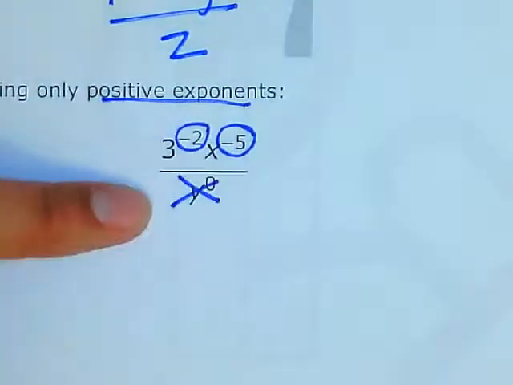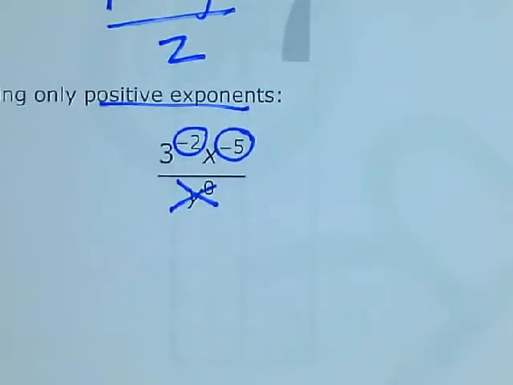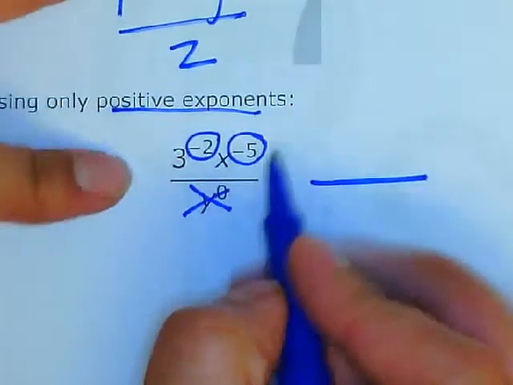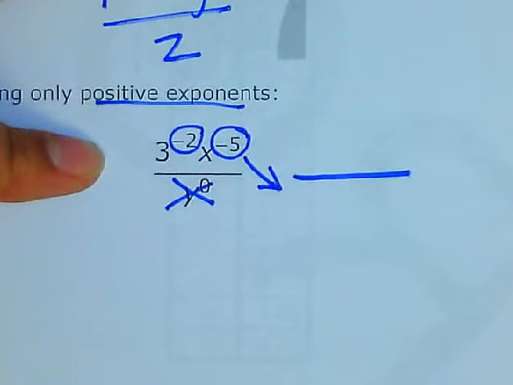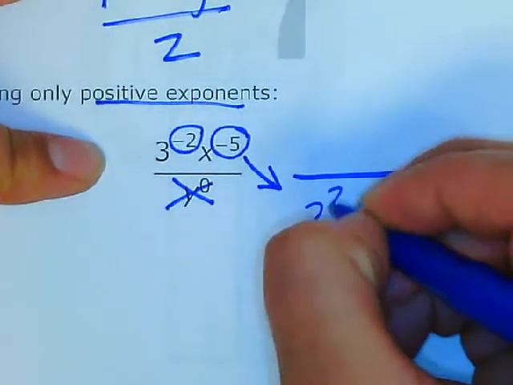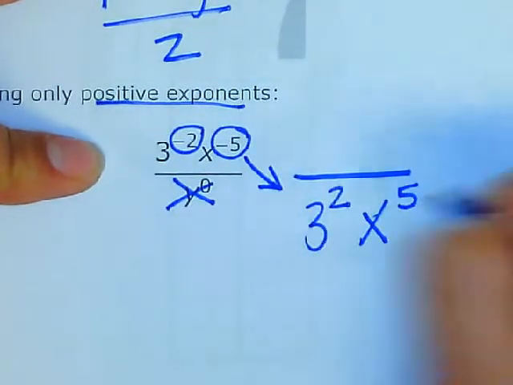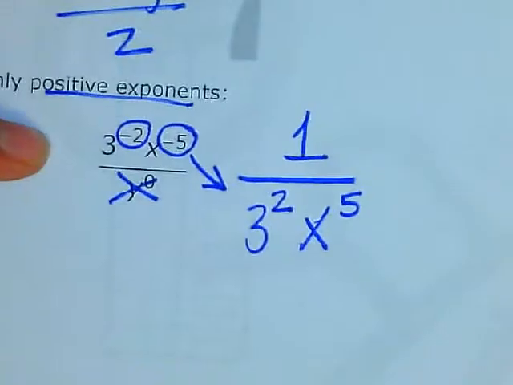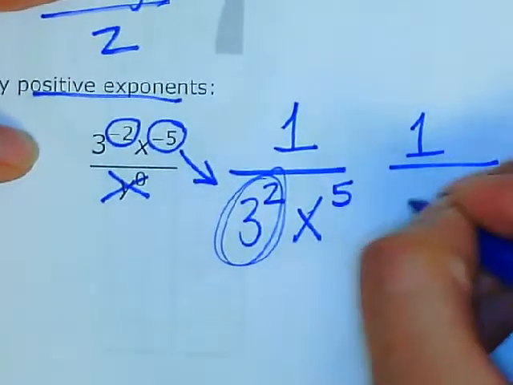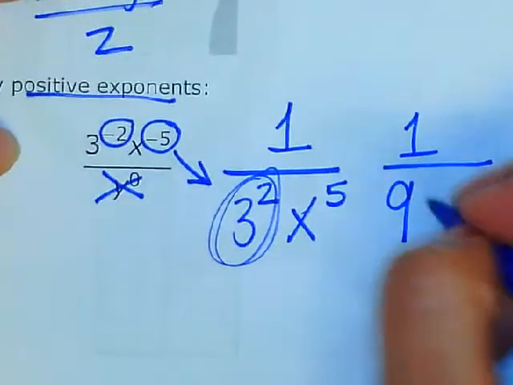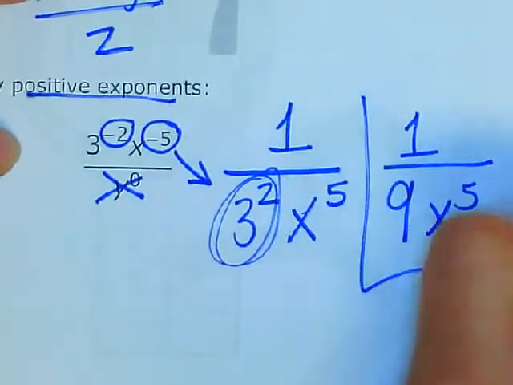So you can kind of cross it out. It's a 1, it no longer exists. These, if they're in the numerator, I have to bring them down to the denominator to take away the negatives, and we put them over 1. And now I just simplify this part. I know that that's 9. You can put it in the calculator as well.